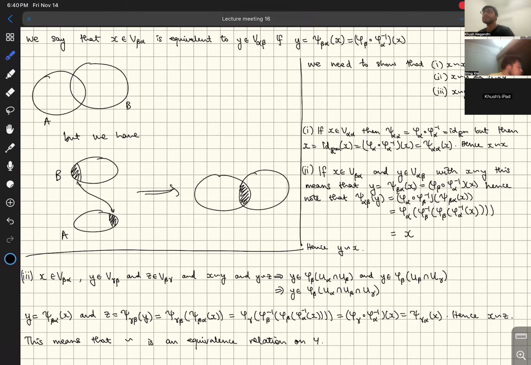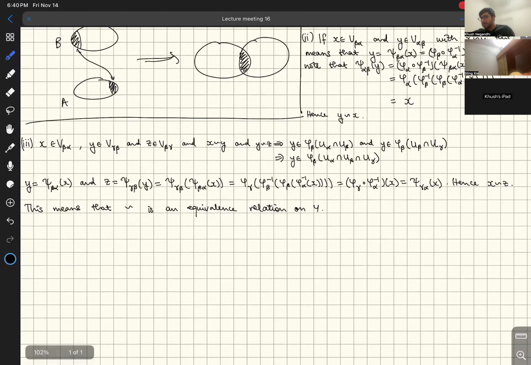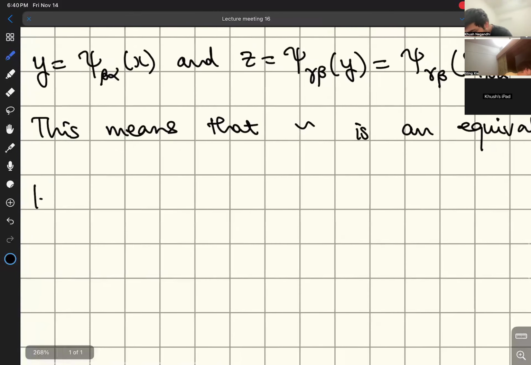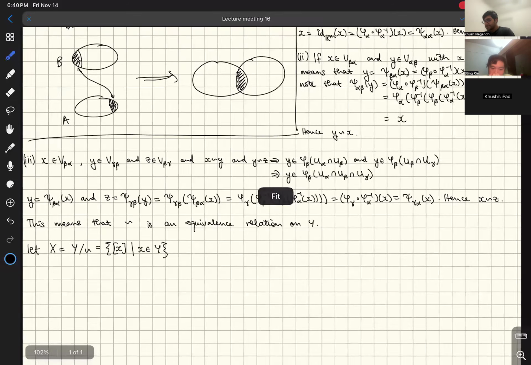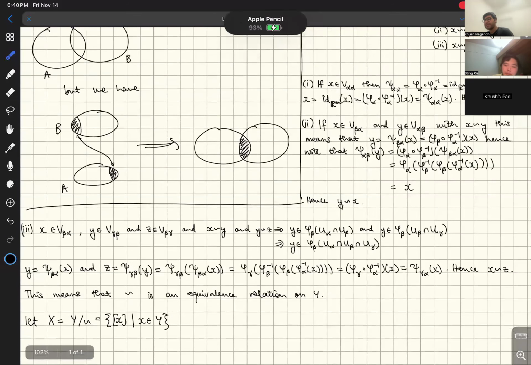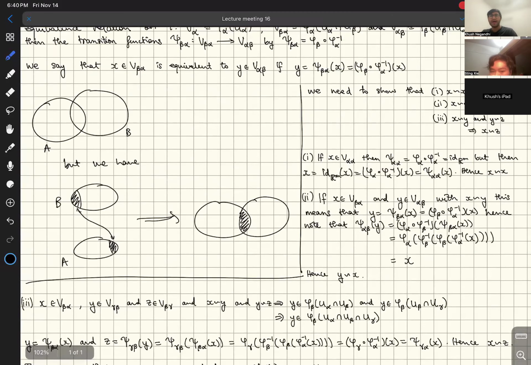With this out of the way, let's now let x equal y with this equivalence, which is nothing but the set of all equivalence classes of x where x is in y. So far, all we've done is take all this data and combine it in such a way that the overlapping pieces actually overlap, instead of just stacking them on top of each other, non-interacting.